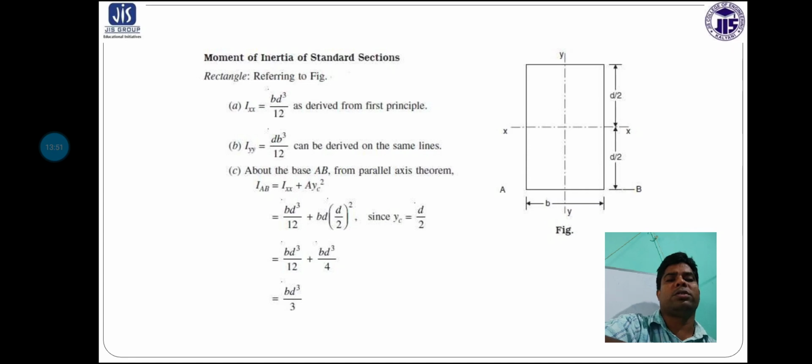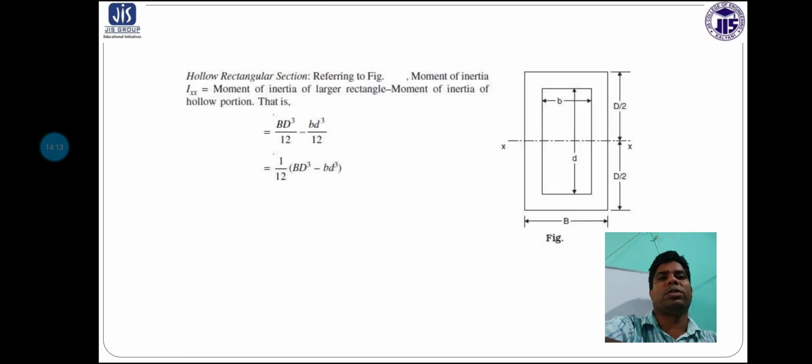Ixx is b d cube by 12 plus A, which means b into d, and yc is d by 2 squared. Since yc is equal to d by 2, it is b d cube by 12 plus b d cube by 4. So actually IAB is equal to b d cube by 3.